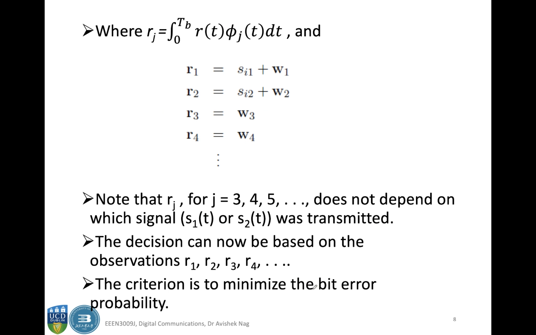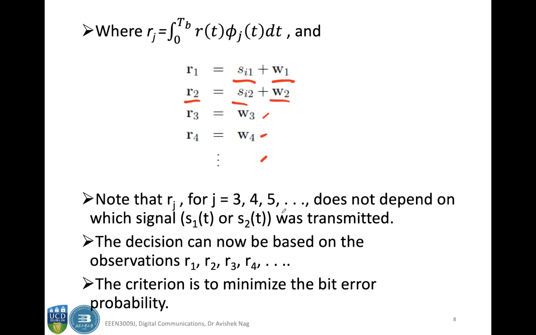So r1 is your signal plus noise, r2 is signal plus noise, and from r3 onwards these are only noise. Note that r_j for j equal to 3, 4, 5, etc. does not depend on which signal was transmitted.